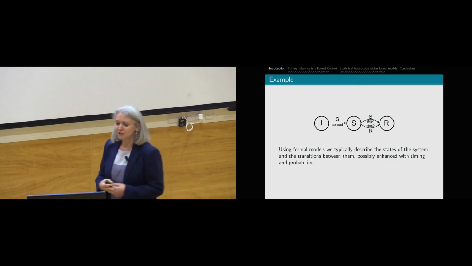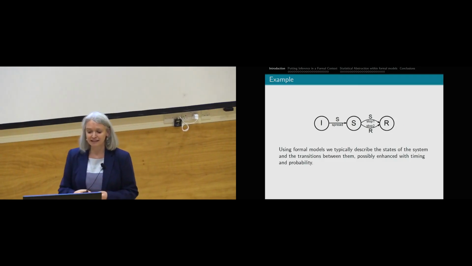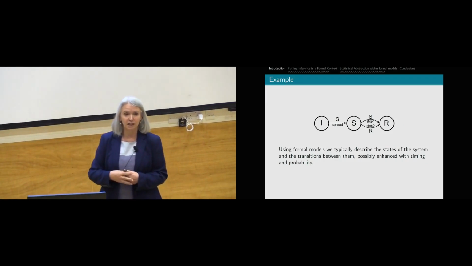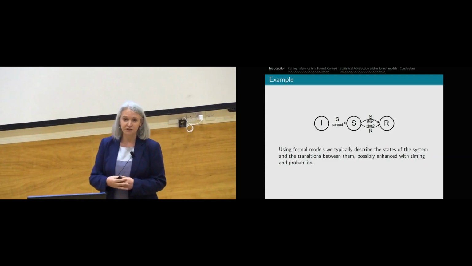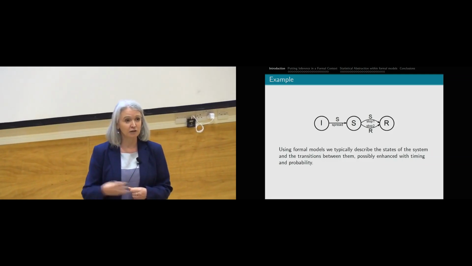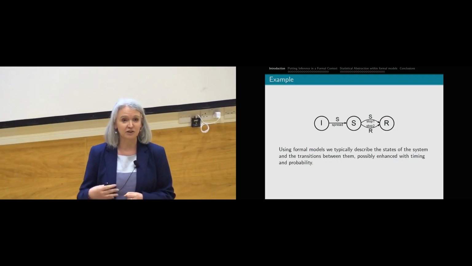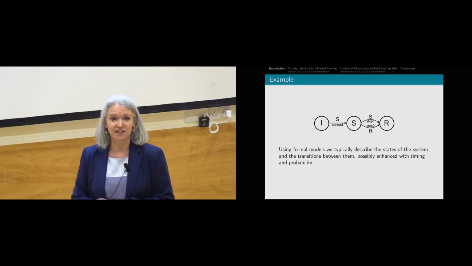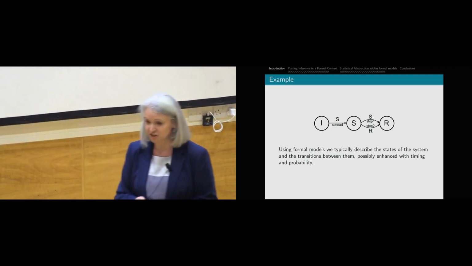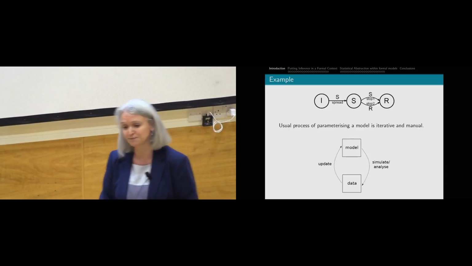And the models that I'm interested in, we will typically enhance them with timing and probability information, because what I want to know is if I start out with 1 person who knows the gossip and 100 people who don't, how long is it going to be until there's a 90% chance that most people know the gossip? So that's the kind of information that I'm interested in models.